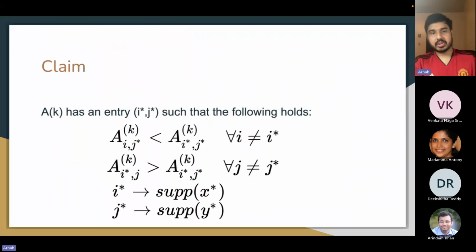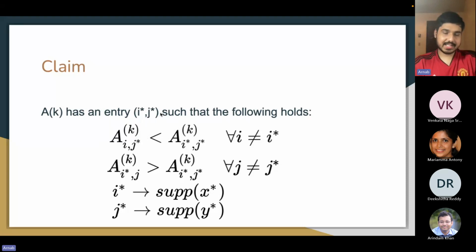Now what I claim is that this higher dimensional matrix A_k has an entry (I star, J star) such that in this column J star, this entry is the unique highest element, and in the row I star it is the unique lowest element.